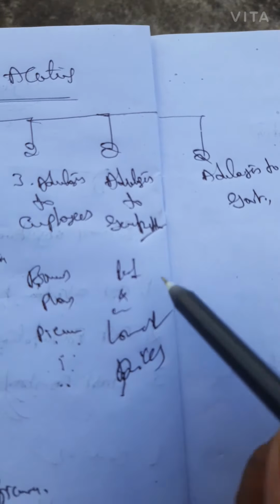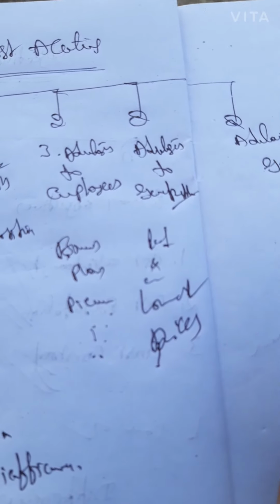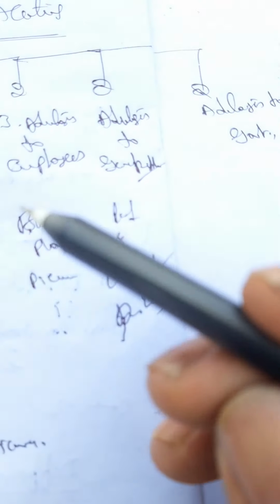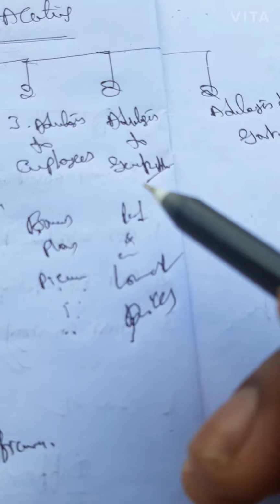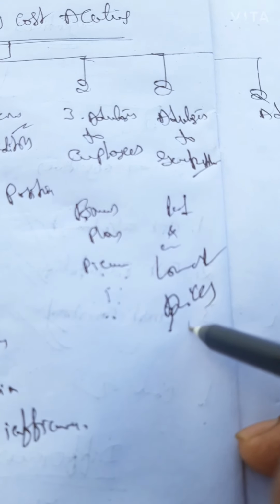Advantages to the general public: the main object of any organization is to provide goods or services at a lower rate, with good quality, at best products. In this way, these are the advantages to the general public.